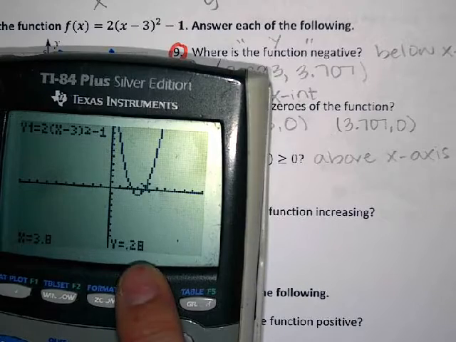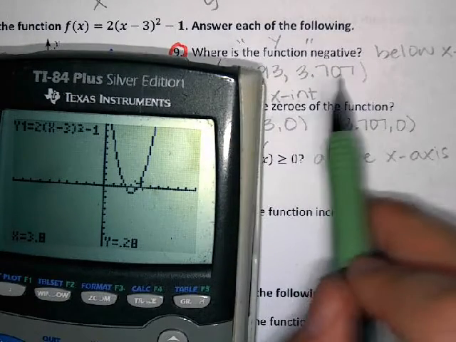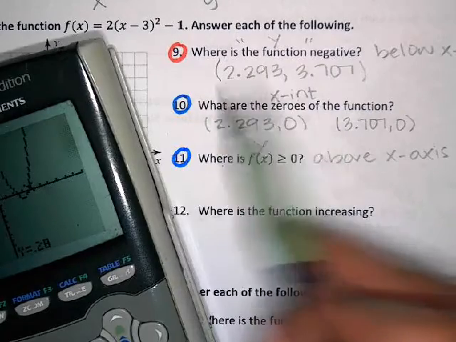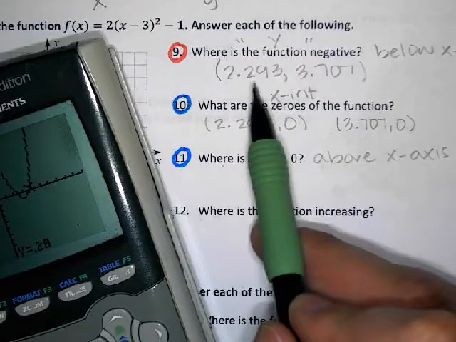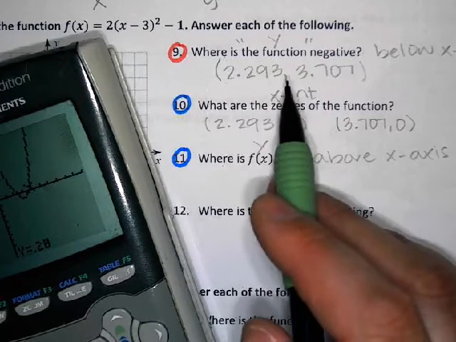You guys see that? So all the numbers between these two spit out a negative answer, but as soon as I get outside of this interval, it's not negative anymore. Does that make sense? Yes. Kind of weird. First time we're doing it, but it kind of makes sense.